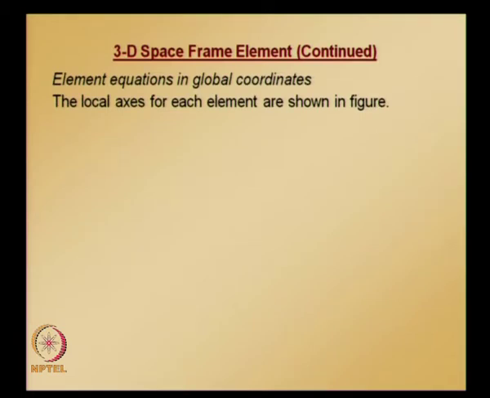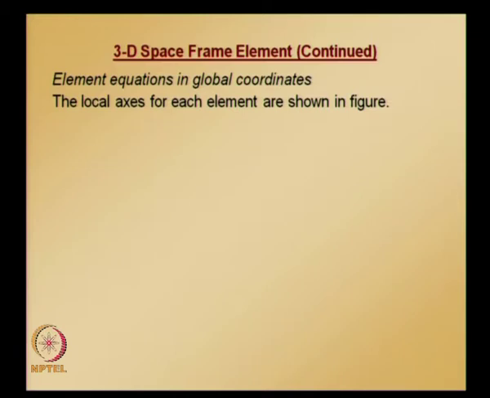So, now element equations in global coordinates. We obtained the element equation in the local coordinate system. To get element equations in the global coordinate system we need to apply the transformation method. For that, as I mentioned, we will be using the third node method to get the rotation matrix.